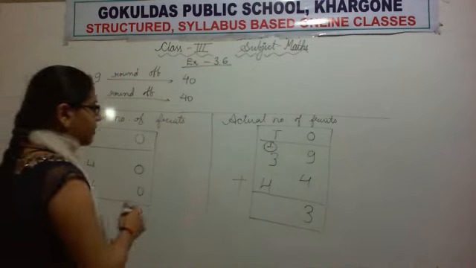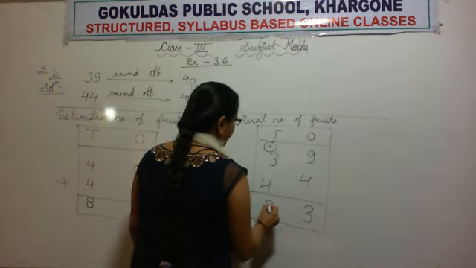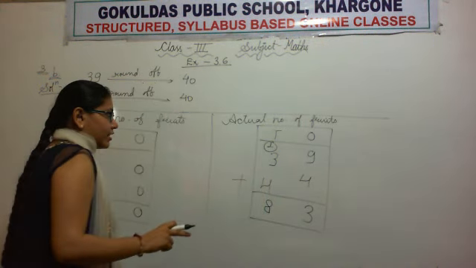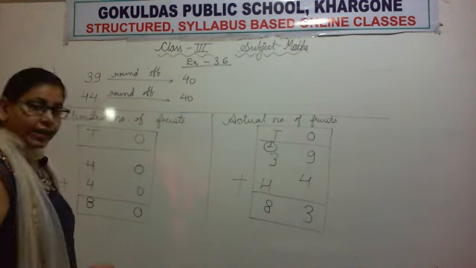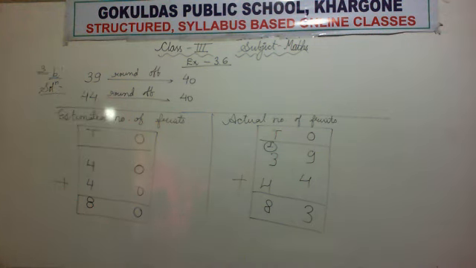So let's write the number 8. It means the total actual fruits are 83. Total actual fruits are 83 and the estimated number of fruits is 80.